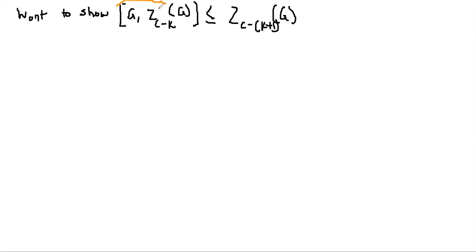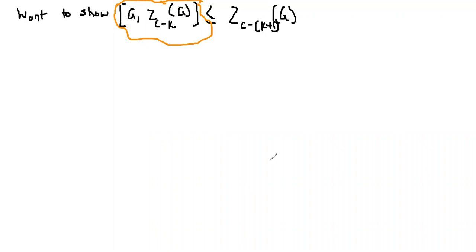A general element in this is not just a commutator. It's a product of commutators and their inverses. But it is enough to show that one of the commutators, one of the generators, is inside, and then it follows that all other elements will be inside it.